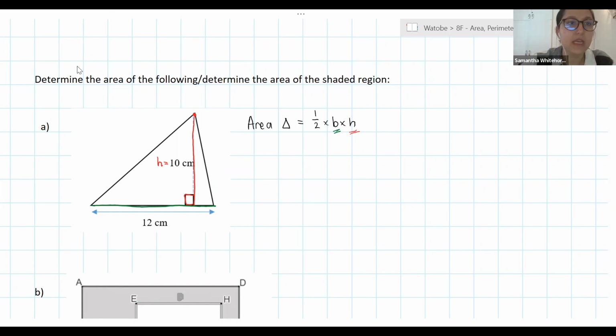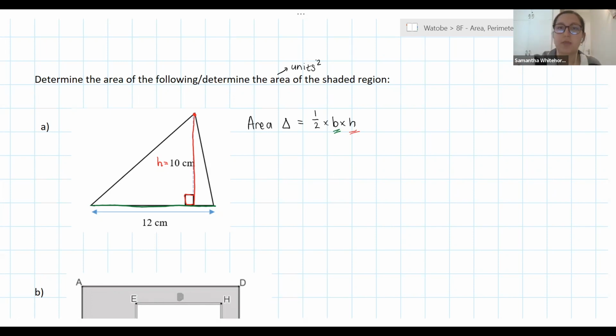Okay, so those are the two important lengths that we need in a triangle to work out its area. The next thing we just need to remember is that area is always going to be units squared. So when you're working out an area, it will always be in like centimeter squared, millimeter squared, meter squared, etc. But once you've substituted, and you can do that. So because you've got both lengths here, I want you guys to try and find for me the area of this triangle. So you've got the base, you've got the height.